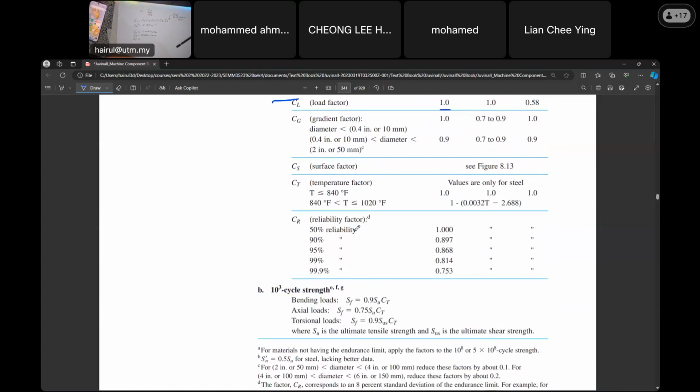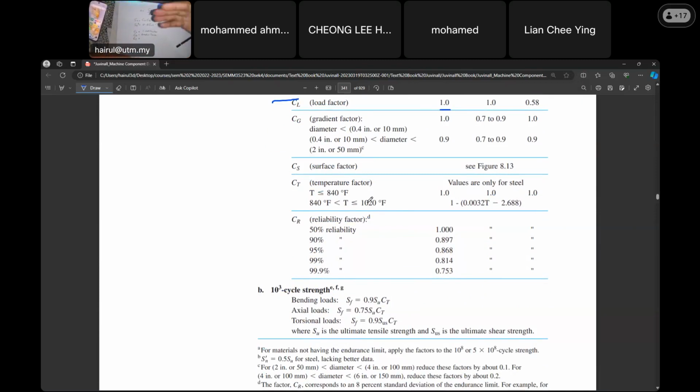CR is the reliability factor. The reliability factor is always given. If it is 50% reliability, the factor is 1.